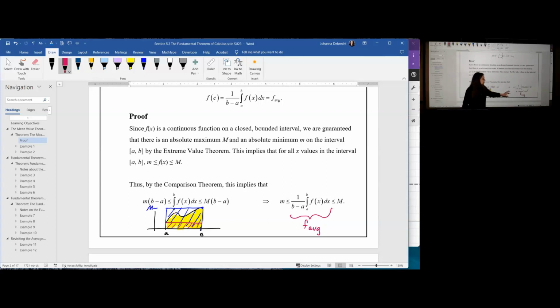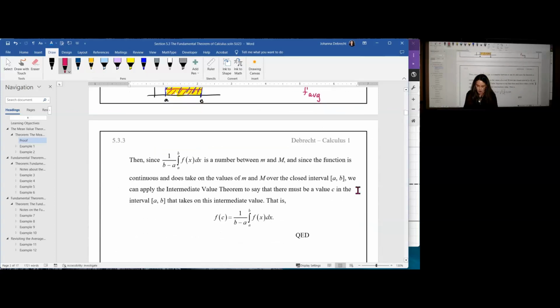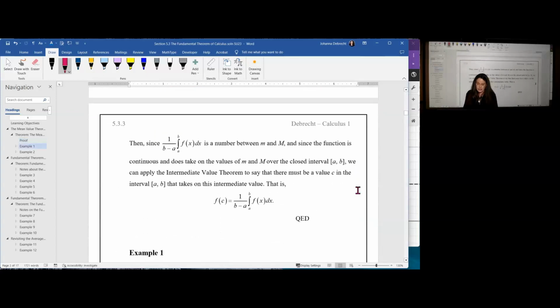And this tells us that we have this average value between the minimum and the maximum, which means that it has to fit somewhere between the pink line and the blue line. Now, because we have a continuous function, we can also use the intermediate value theorem.